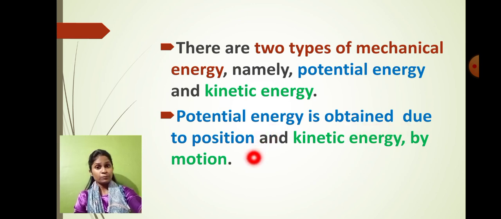So in any position, if energy has been stored, then it is called what? Potential energy. And what do you mean by kinetic energy? If any type of energy is set into motion, then this is called what? Kinetic energy.